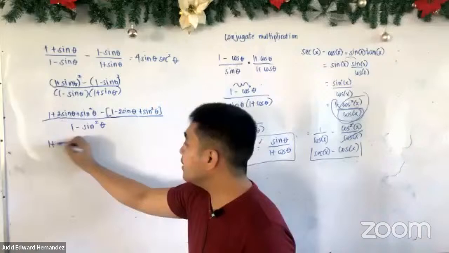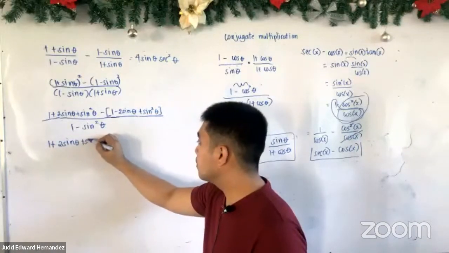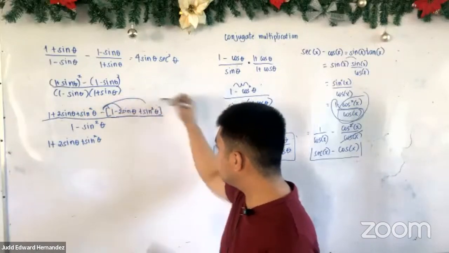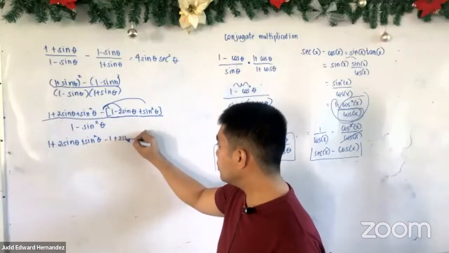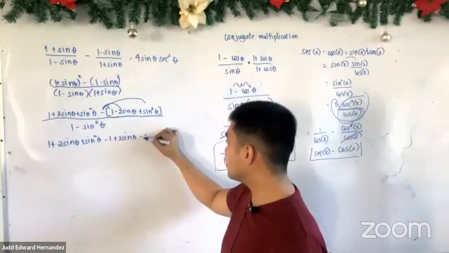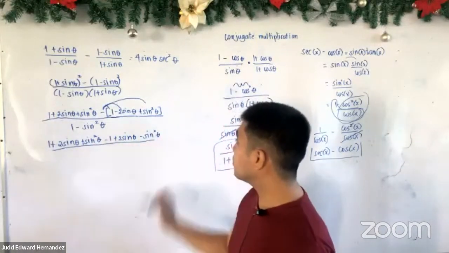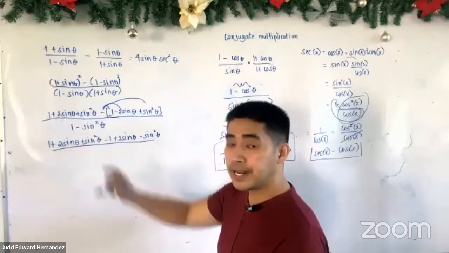Okay, rewrite the numerator. Distribute the negatives. Therefore, this becomes minus 1 plus 2 sine theta minus sine squared theta. And then write the denominator, but the denominator is equal to a Pythagorean identity.